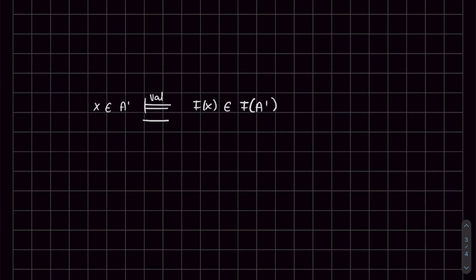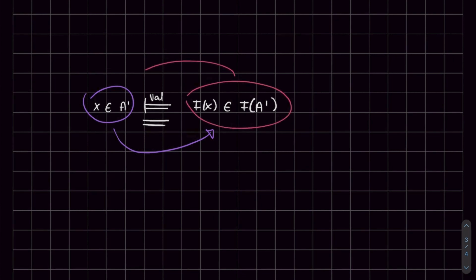And this symbol basically means that if we have this, then we can imply this. However, if we have this, then we can't imply this. That's why it has a line here. That means that we can only go this way. And if it was both ways, then there will be no line. It will just be an equal sign, like that.